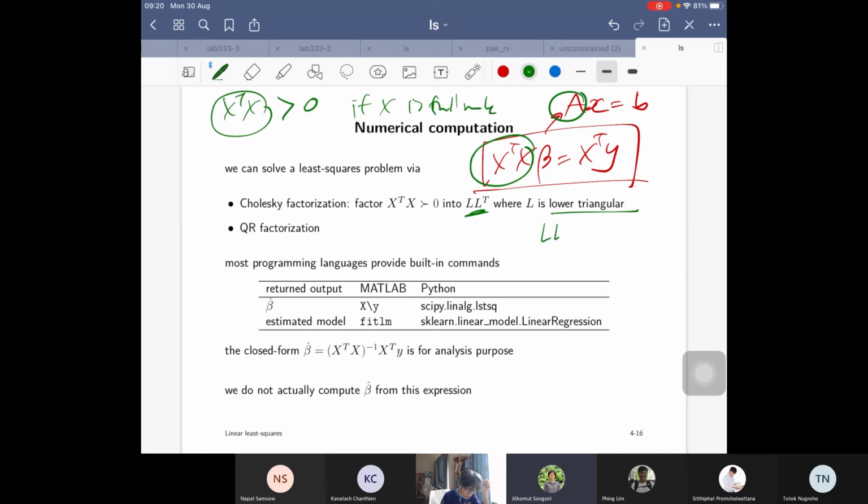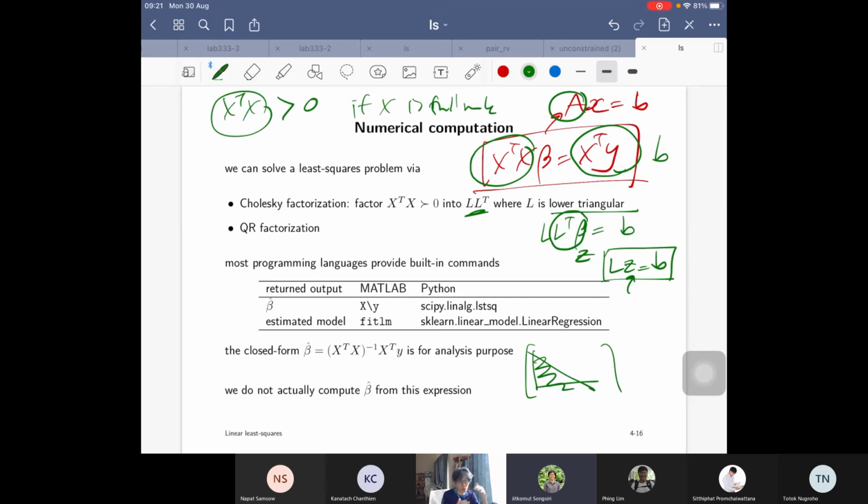So when you factor this, suppose I say that the right hand side is b. When you solve it, you can think of L transpose beta as z first, and you solve Lz equals b. When you solve a linear equation in triangular form, it is cheaper, because L is lower triangular, so you can use forward substitution.